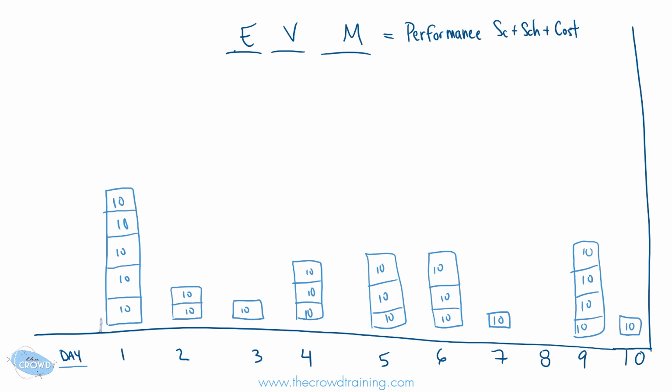Now, in that case, at day 1, we expect 1, 2, 3, 4, 5, or $50 worth of value. Again, that's our PV, our planned value.